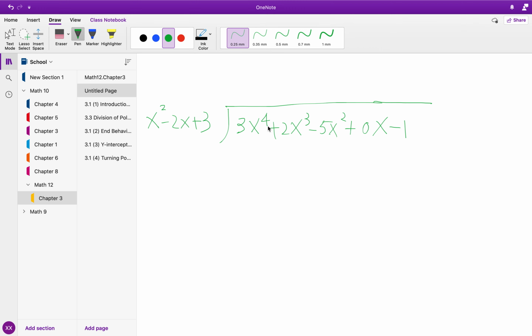All right, so now again, x to the power of 2. There's a 3x to the power of 4. Therefore, I'm going to have 3x to the power of 2. And this will give me 3x to the power of 4, the first term, and then this one multiplied by that is negative 6x to the power of 3.